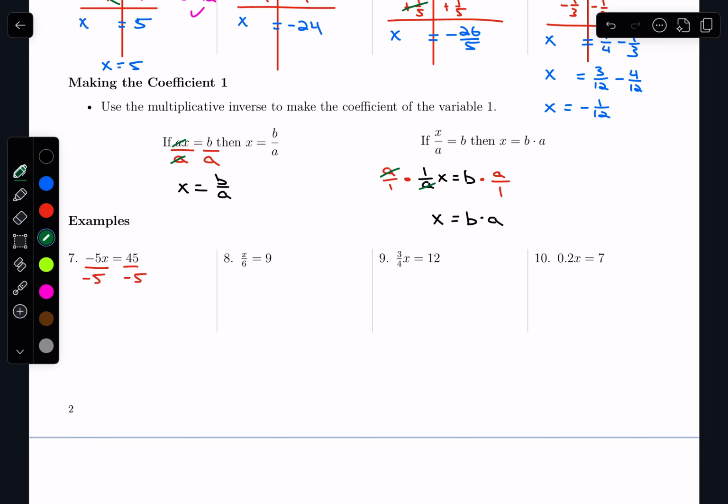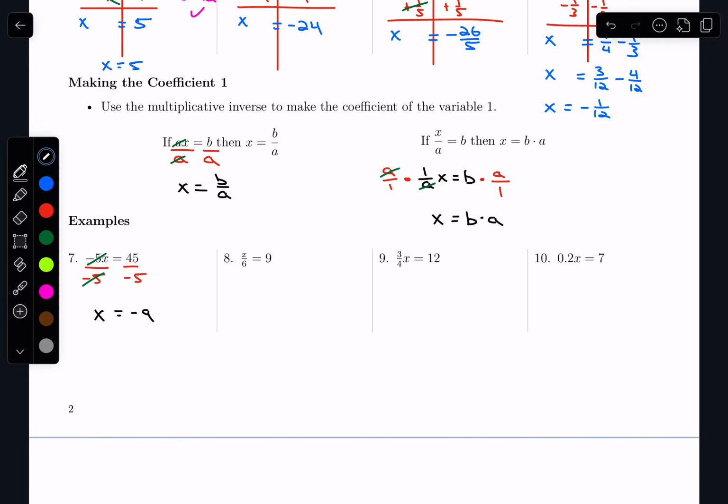So when I divide by negative 5 on both sides, I am left with x on the left, and on the right side, 45 divided by negative 5 is negative 9. Not a whole lot to it when we actually get used to it, but at first, it's tough to know what to do. And again, make sure you don't write x in that denominator, because then you are canceling your x out from the left side, and we want to leave x there.